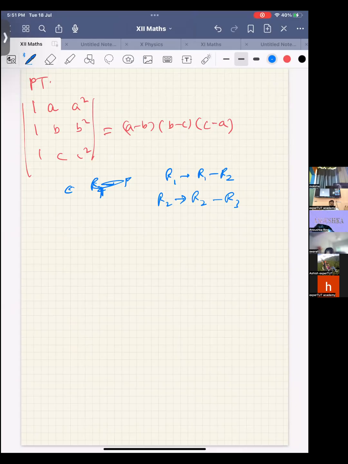You have to start from left and then go to right.